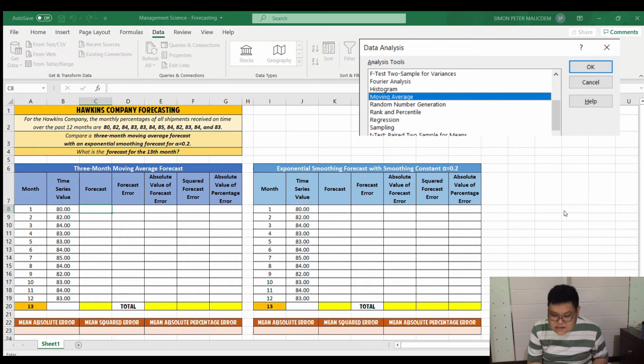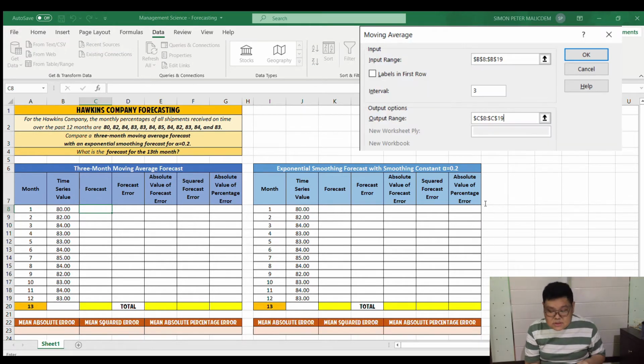Click OK. For the input range, you're going to put the time series values for the first month to the 12th month. For the interval, we're going to put 3 since this is a 3-month moving average.